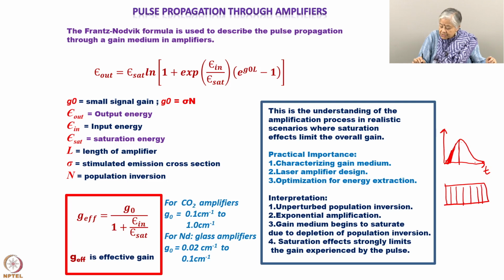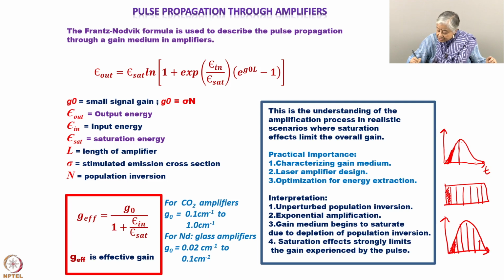And you divide your laser pulse also into small strips. That is what is done. So, this small strip is acting with this small strip, and then this goes ahead to the next strip.